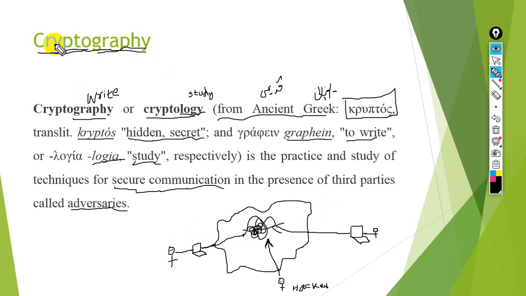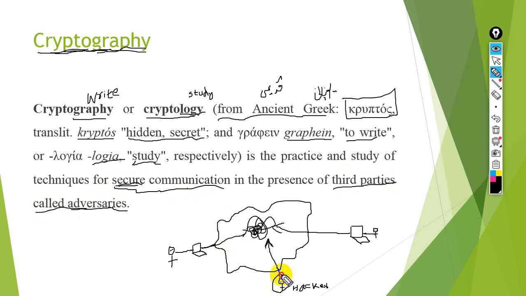So through cryptography we are hiding, or making a message secret, by using different techniques. Look at this: cryptography or cryptology is the practice and study of techniques for secure communication in the presence of third parties called adversaries.